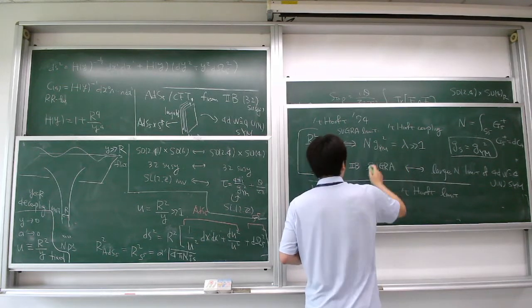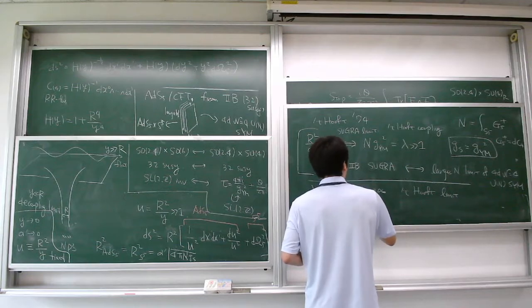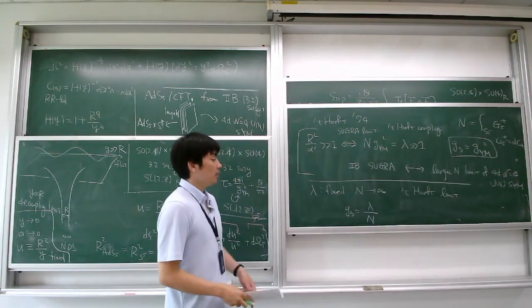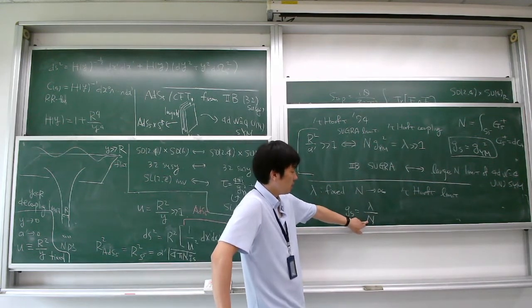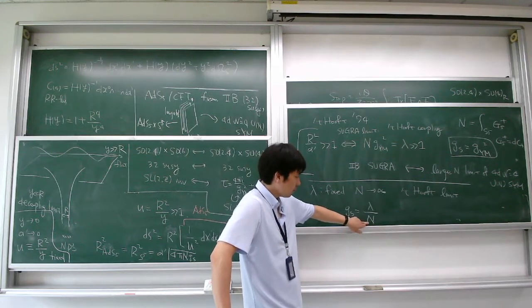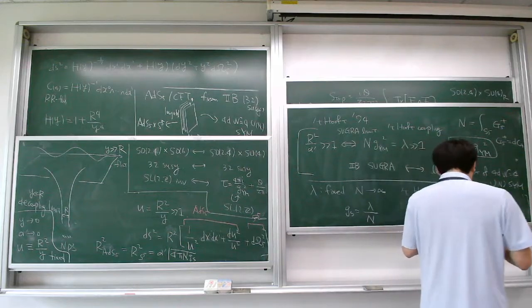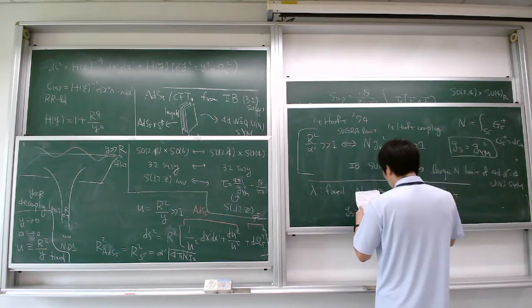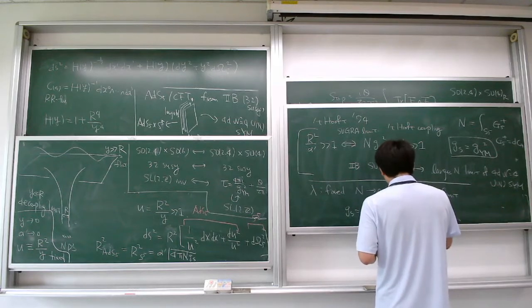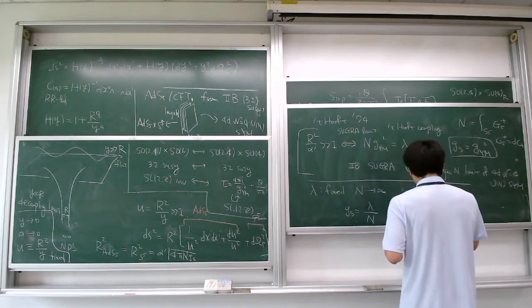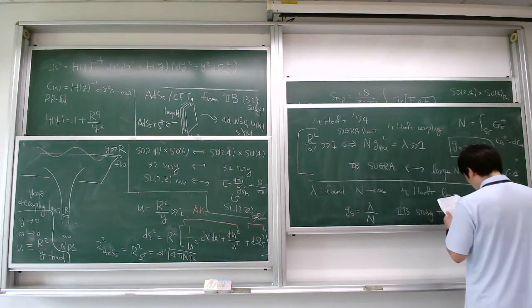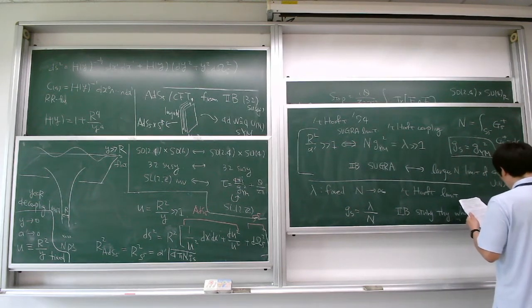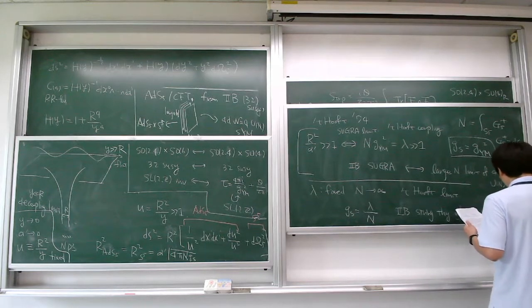You can consider this g_string as lambda over N. So if you fix lambda to be finite and N is very big, g_s is very, very small, so that indeed you can consider this to be type 2B string theory where only planar diagrams contribute. It becomes dominant.